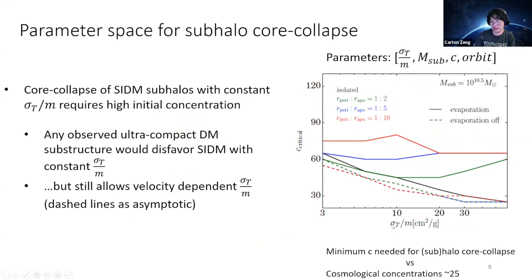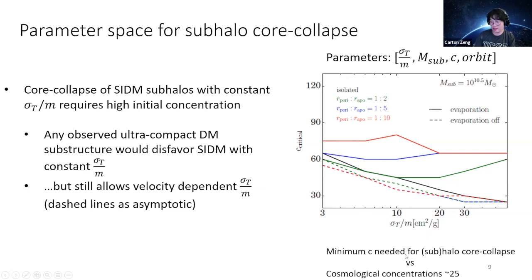So here the x-axis is the cross section of the SIDM, the y-axis is the critical initial concentration, and different color lines mean different ellipticities of the orbits. So above these lines are the allowed regions for core collapse of subhalos.